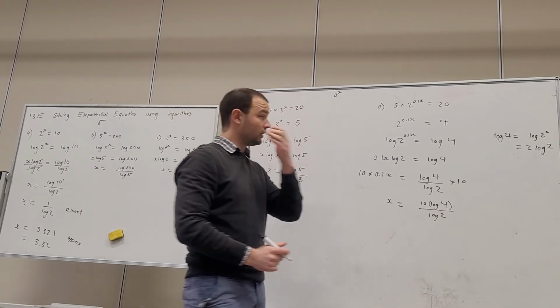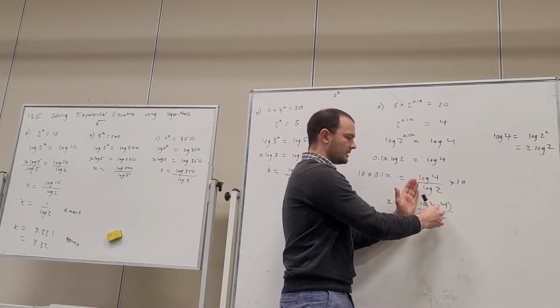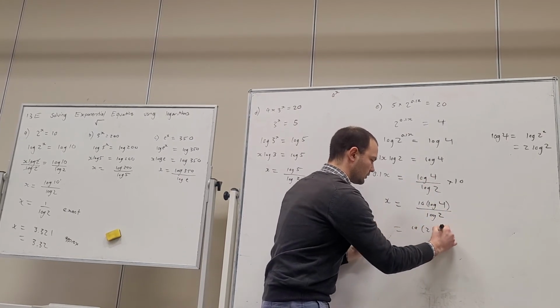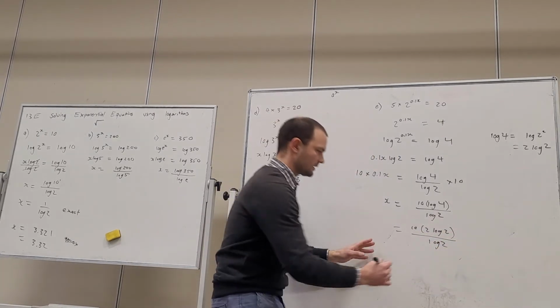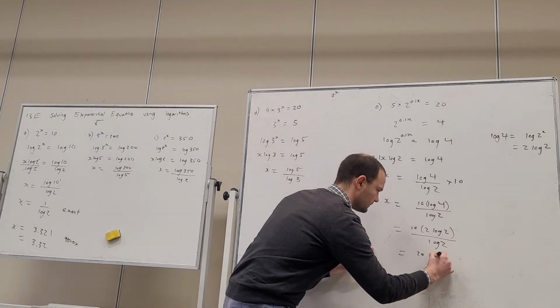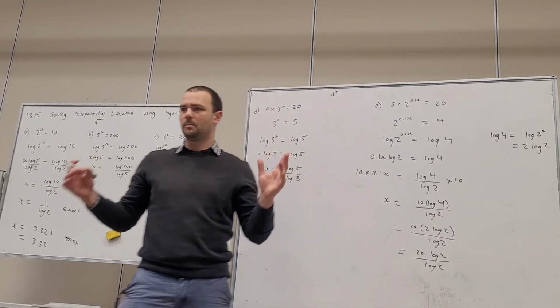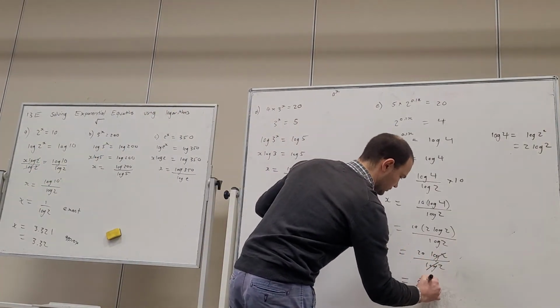So log 4 is equal to 2 log 2. And so that means we could replace log 4 in here with 10 times 2 log 2 on log 2. Okay, that's going to be 20 log 2 on log 2. And the log 2 is at the top and the bottom, it can cancel. And so the integer that it simplifies to is 20.